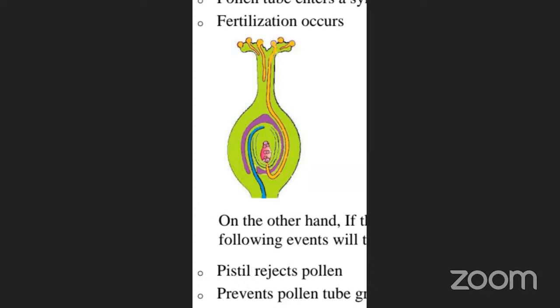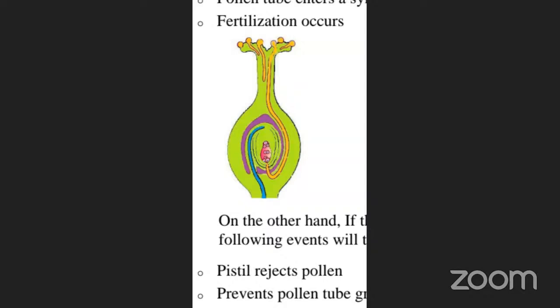Already two nuclei are fused, that is the secondary nucleus, and another third nucleus also fuses. Then three nuclei are there. That's why it is called triploid or triple fusion.